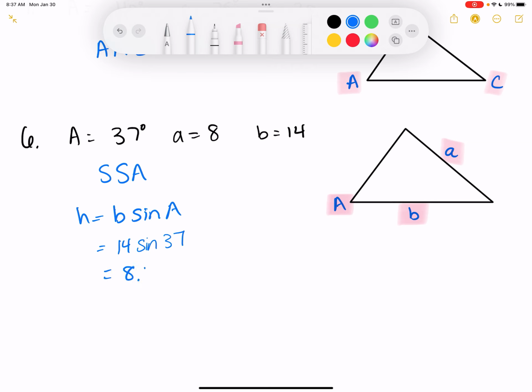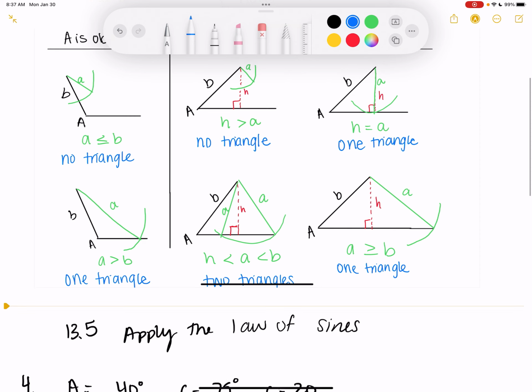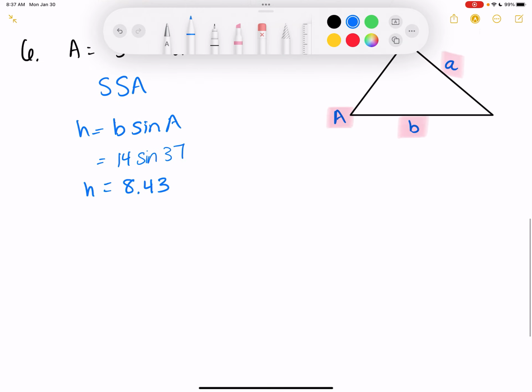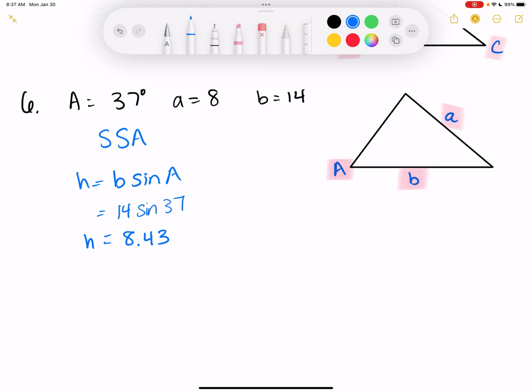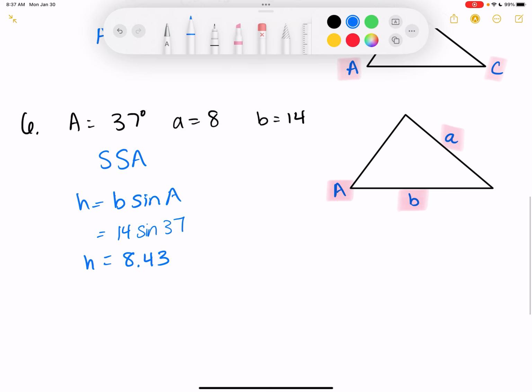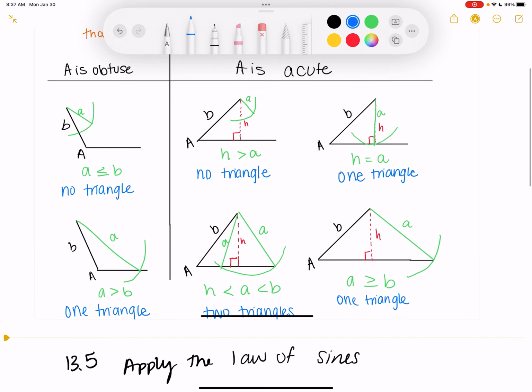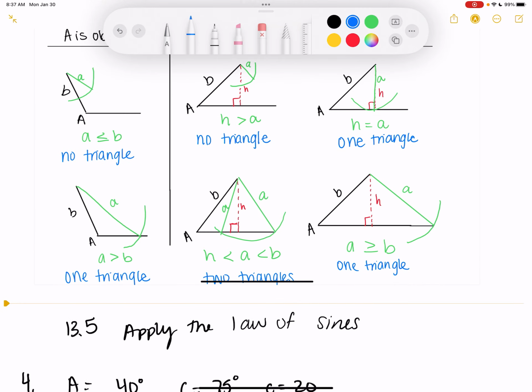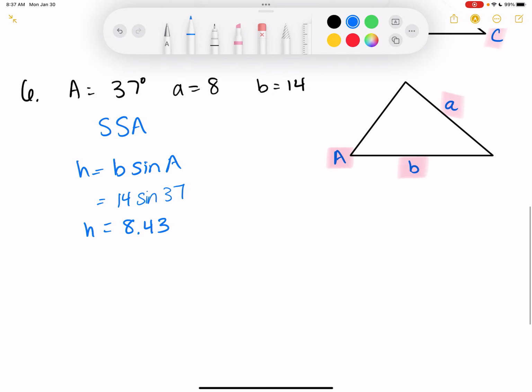Because we have this scenario of H is greater than A, H is equal to A, or H is less than A less than B. H in this case was 8.43. If I round it to the nearest whole number, that's going to tell me that H is equal to A. But in this case, H is actually greater than A. So that means this scenario, H is greater than A, and so there's no triangle.